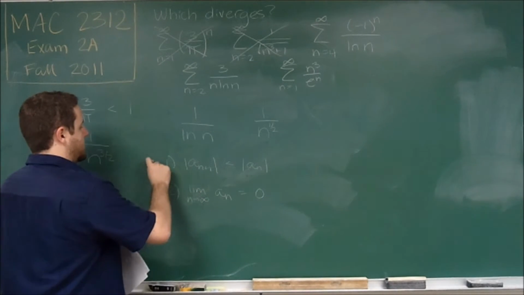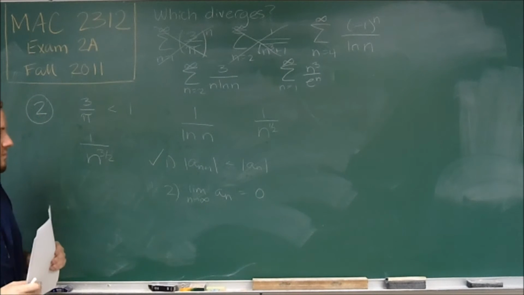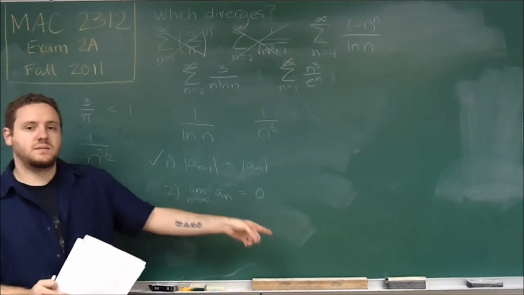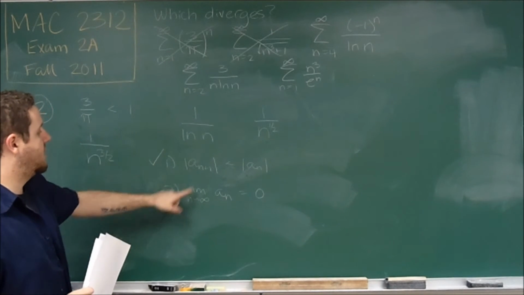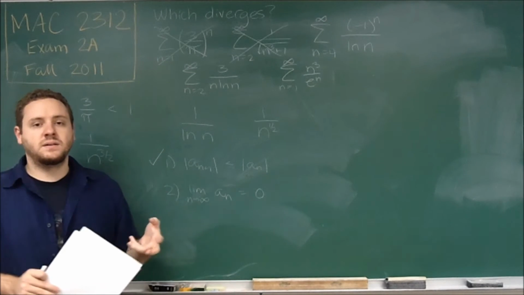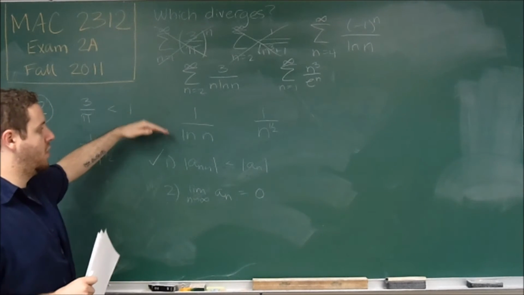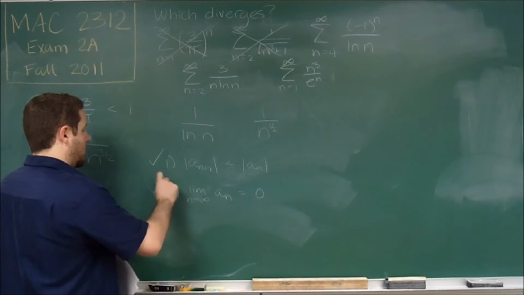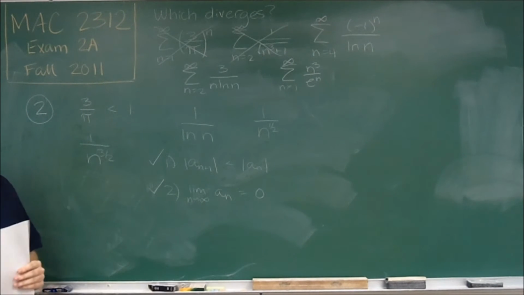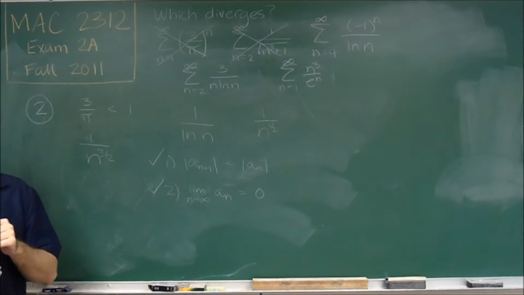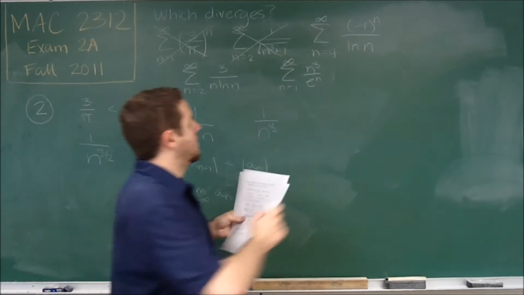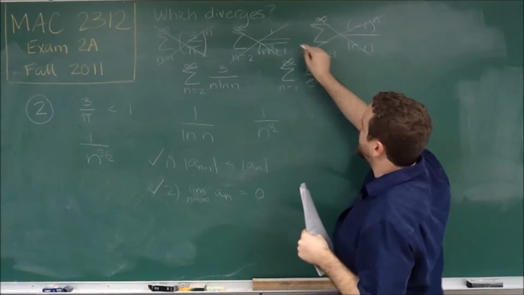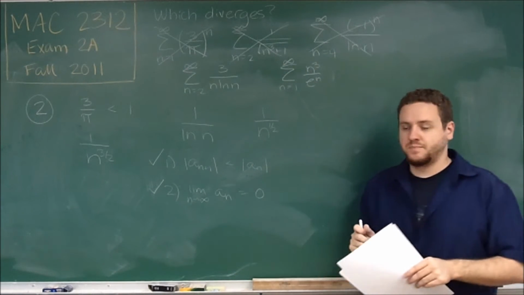So number 1 is definitely true. Is the limit 0? Well, as n goes to infinity, ln n is also infinity, and you get 1 over a number approaching infinity. That is 0. So those are both true. Therefore, that converges by the alternating series test. Remember, we're looking for which one diverges.